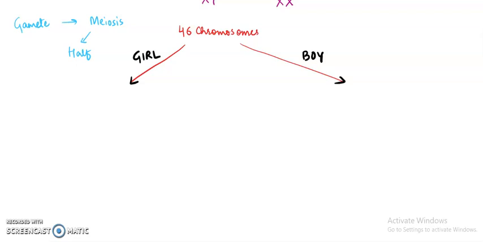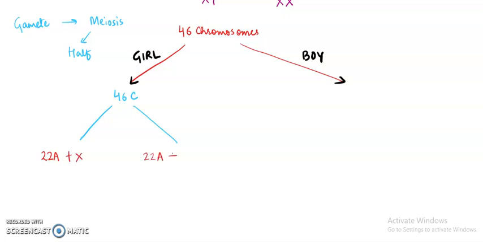So if there is a cell with 46 chromosomes and it has to form a gamete in a girl, then that 46-chromosome cell, after meiosis, is going to form 2 gametes, and in each gamete 22 autosomes plus X would be there, right?